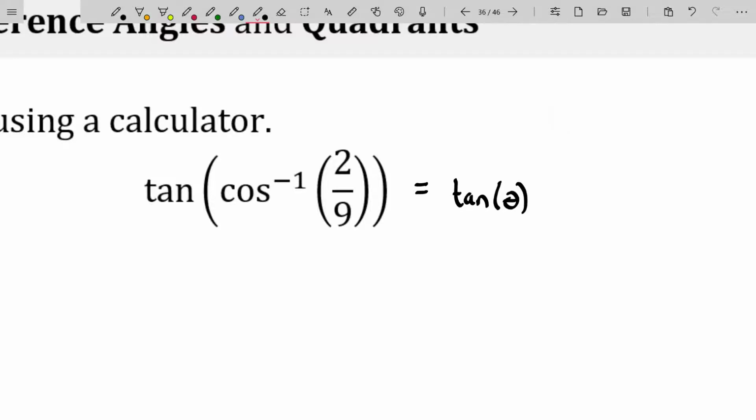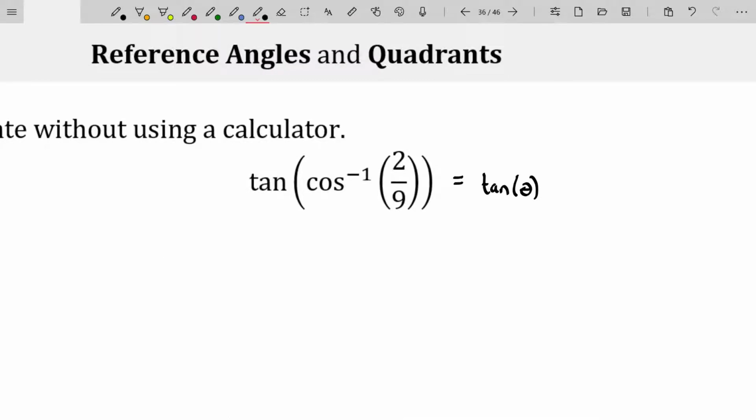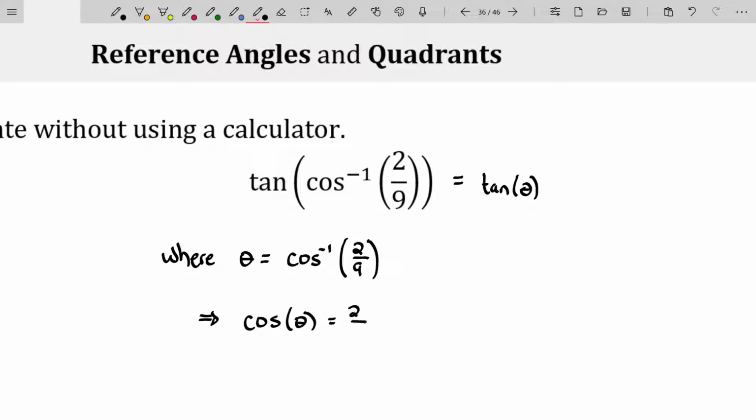And somebody says, but what's the angle? I would say, well, the angle is, where theta is equal to the cosine inverse of 2/9. And that implies that the cosine of theta is 2/9.